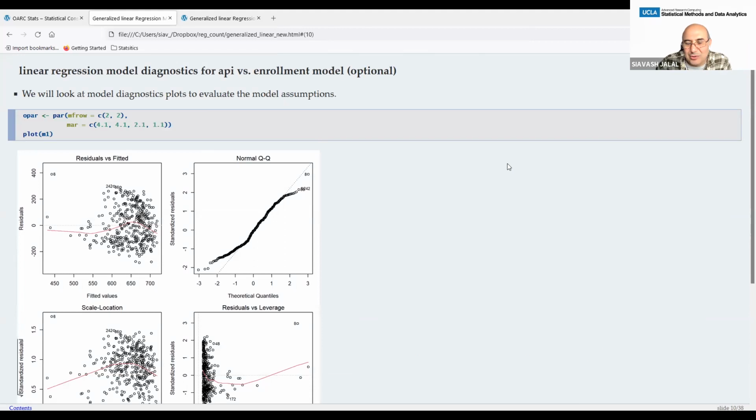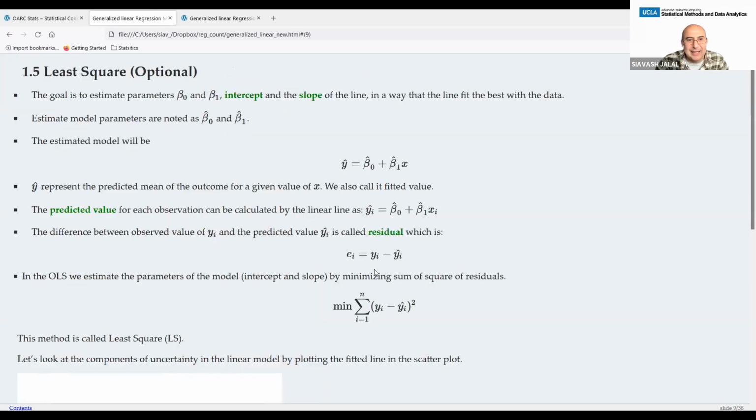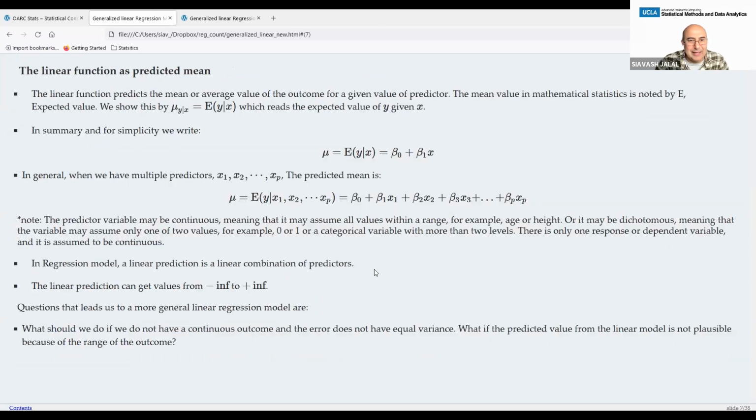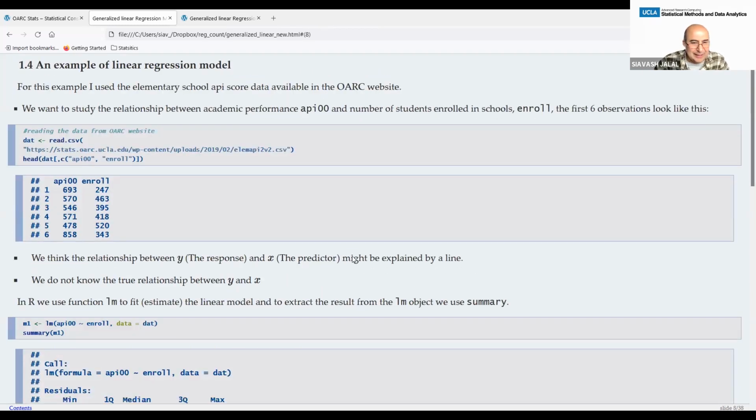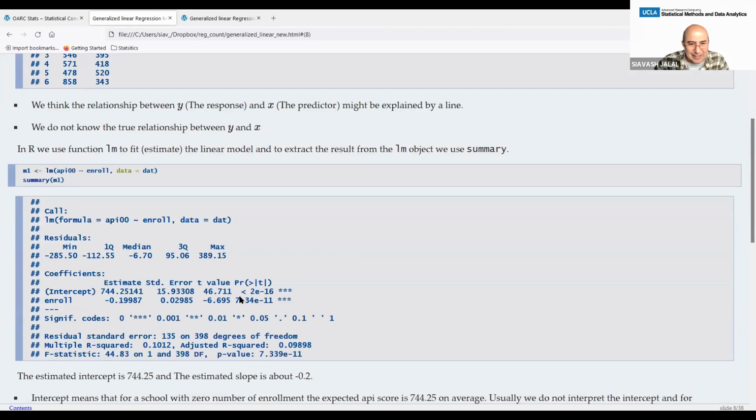And this is also something you should know: after we run the regression model, we always need to assess the assumptions that we make. Here the linear model that we ran gives us a t-value, right? It gives us a t statistic. Oh, this t statistic is very large, the p-value is very small.